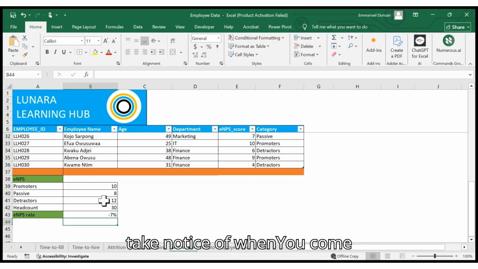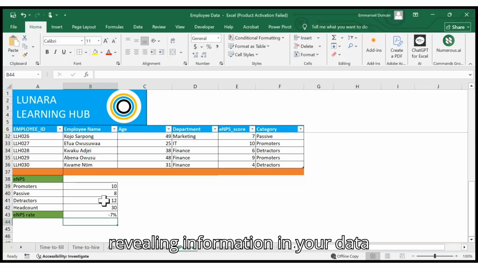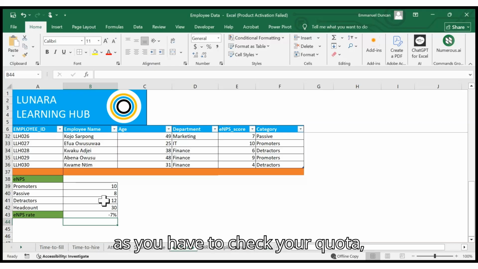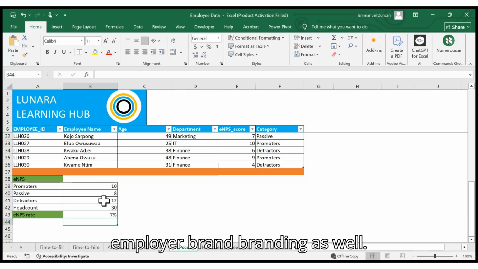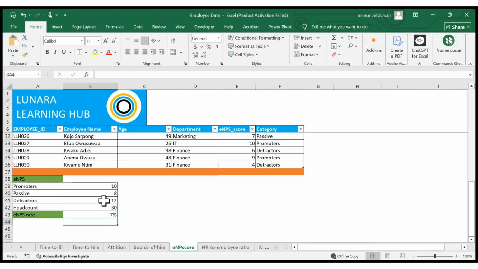One of the things that you can take notice of when you come across such revealing information in your data is you have to check your culture, your employer branding as well.